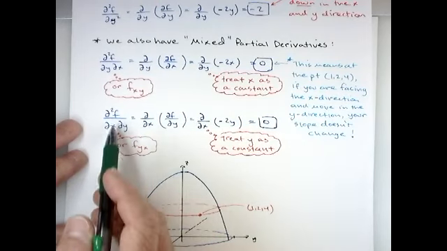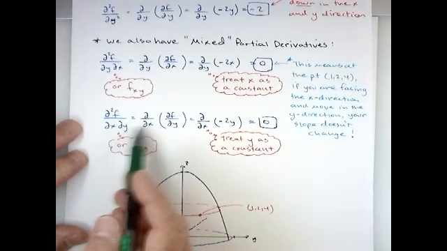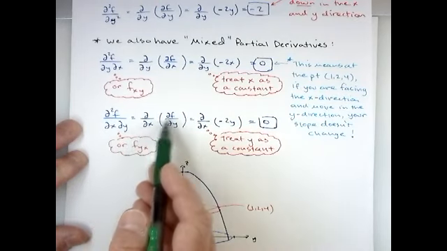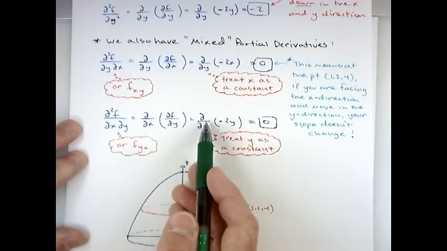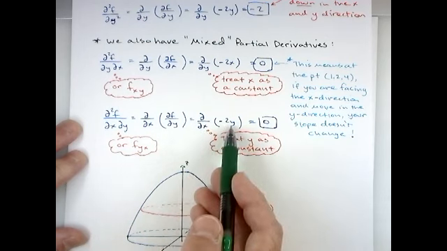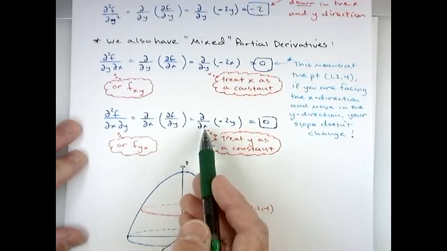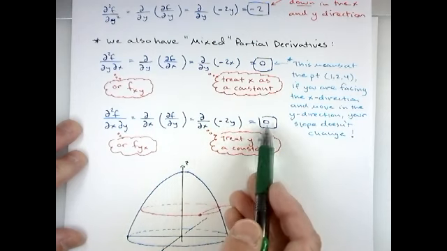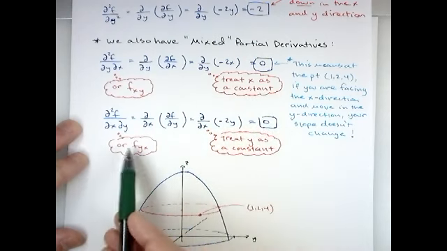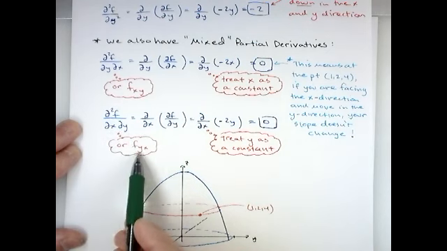Same thing here. Now I want to do the partial derivative with respect to x of the partial of f with respect to y. So that's the partial with respect to x of negative 2y. We're treating y as a constant. This whole thing would be 0. And again, the notation in the subscript is the opposite order.